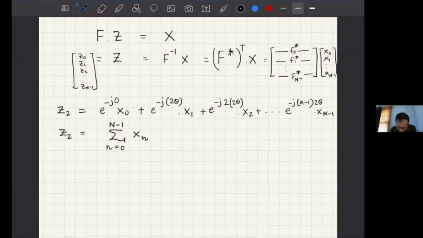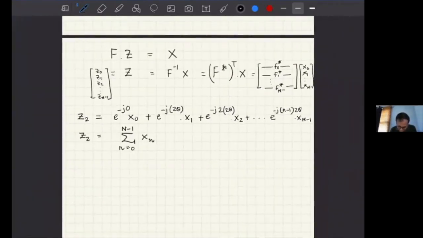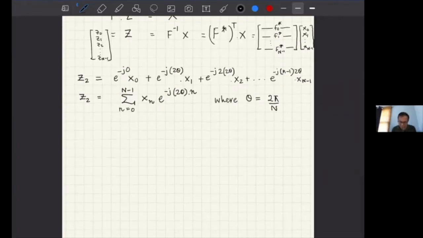So x is going from 0 to capital N minus 1 multiplied by e to the power minus j 2 theta, which tells me the speed, because z2, remember, was the second speed. So that increments by 2 theta times n; twice 2 theta, 3 times 2 theta, so on till n minus 1 2 theta, right? And this is where theta is nothing but 2 pi by n. Right? Great. We're almost there.